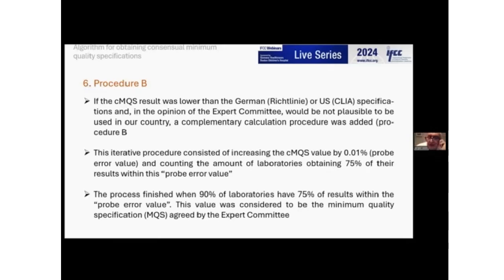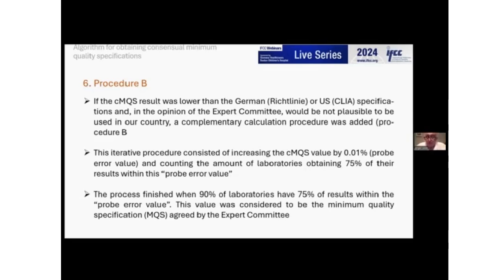It is incremented by 0.01% and then called the error value test. We count the laboratories that have this specification meeting 75% of their results and move to the next point. It's the point here at the bottom. And we count the laboratories. If we have less than 90% of the laboratories, we go back and we make a new increment.